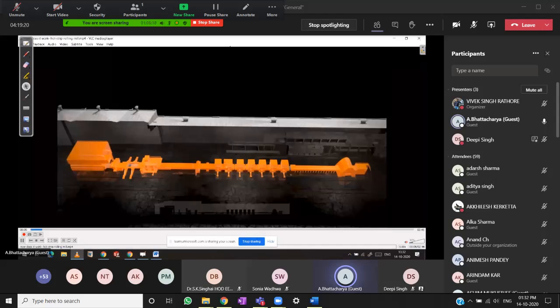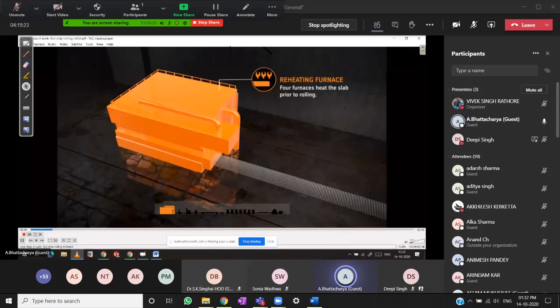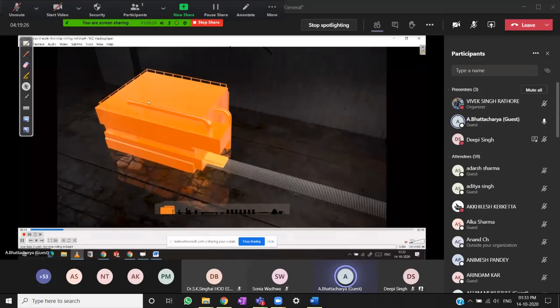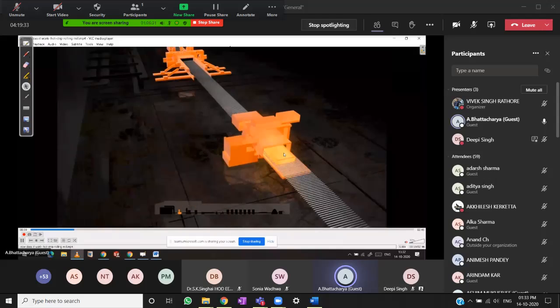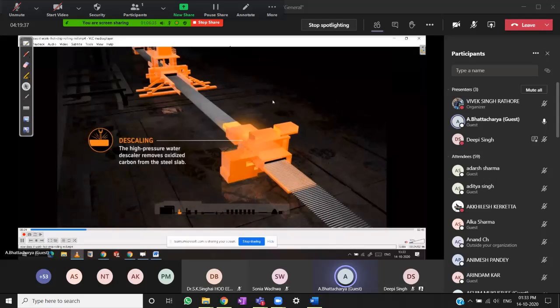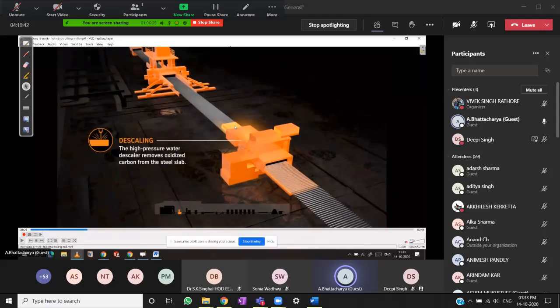Now this is blast furnace gas. So slabs are then, this is called descaling. Now why descaling? Because it comes out from the furnace, it comes in contact with air, and scales are formed here. So those scales are removed by high pressure air jet. High pressure.